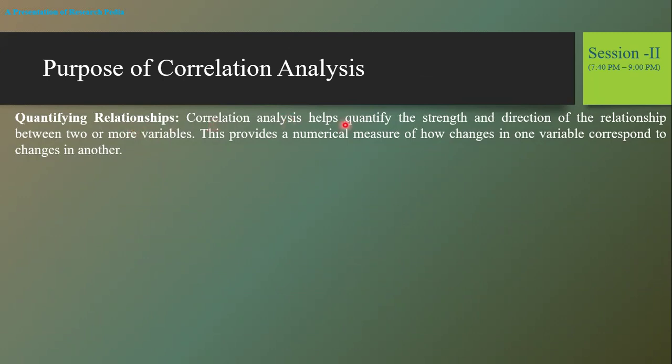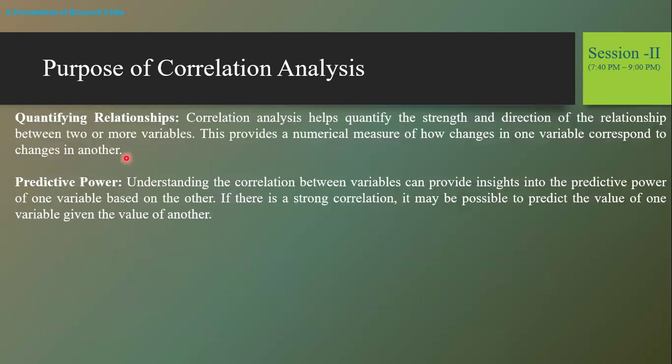When you need to quantify the strength and direction of the relationship between two or more variables, correlation analysis provides a numerical measure of how changes in one variable correspond to changes in another.